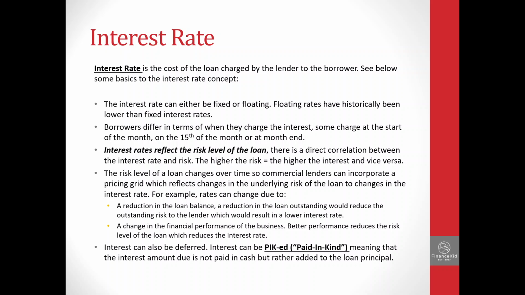So if the profit level in day one was $1 million in profit and the business declines to $750,000 in profit, my profit level has declined. So the risk for me as a lender has increased because I have less profit to service the loan, and therefore the interest rate would increase in that example. So there are different ways that lenders find ways to really either claw back some interest rate or give the borrower a bonus because they're doing better.